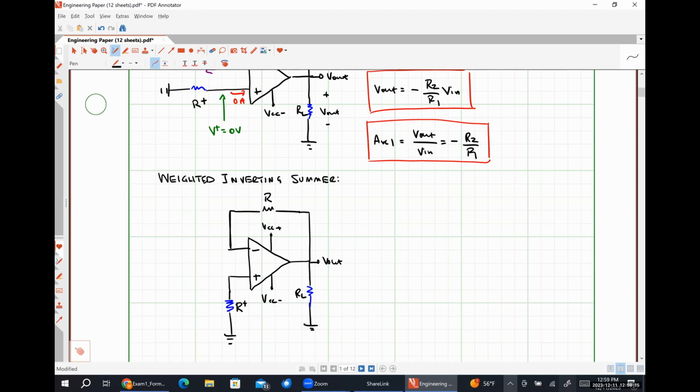And then where things get interesting is what's going to happen over here on the network that's connected to the inverting input terminal. Okay. So instead of having a single resistor, R1, I'm going to have multiple resistors.